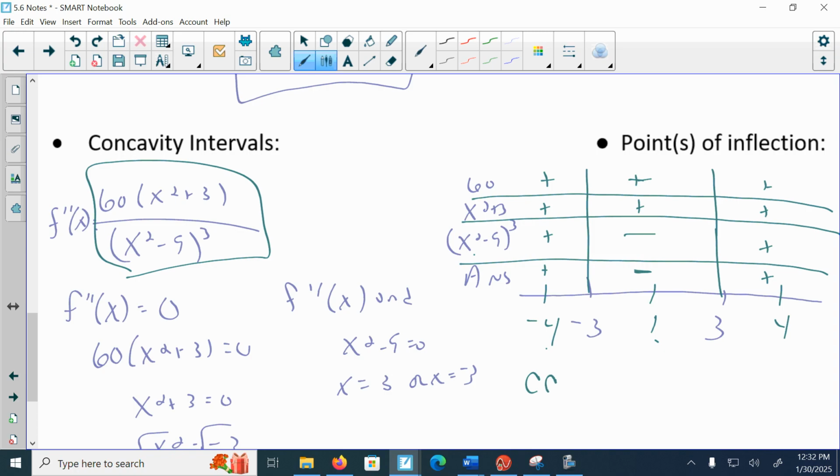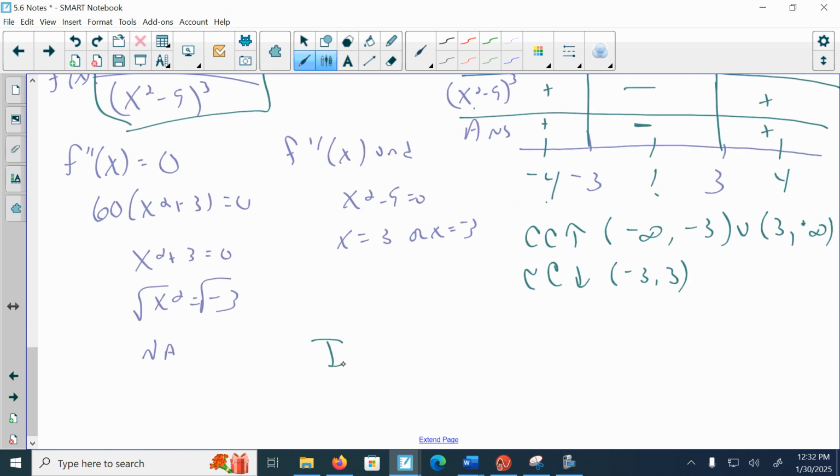So it's concave up from negative infinity to negative 3, and then it also concaves up from 3 to positive infinity. It's going to concave down from negative 3 to 3. And then my inflection points are going to be, since I changed signs here, I'm going to have to find f of negative 3, which should be undefined.